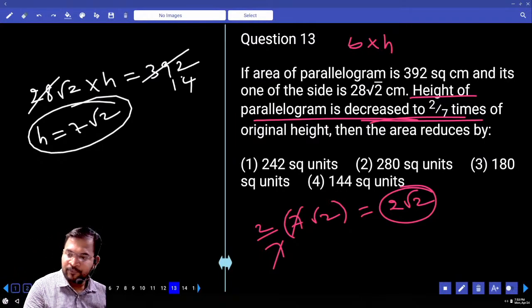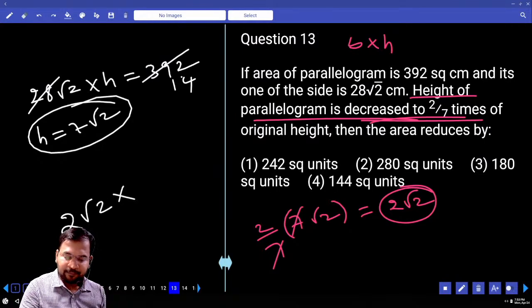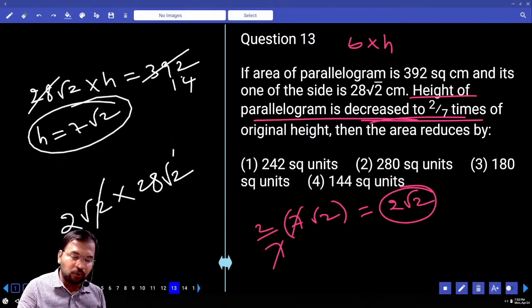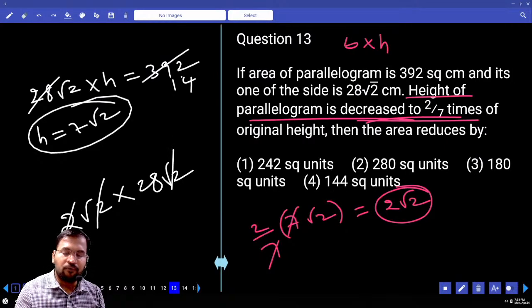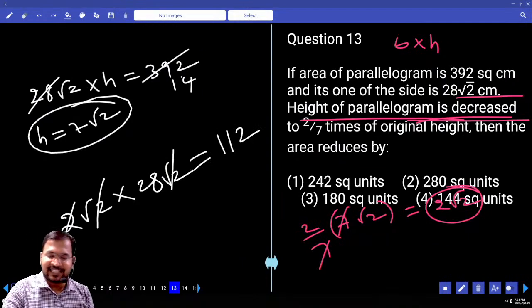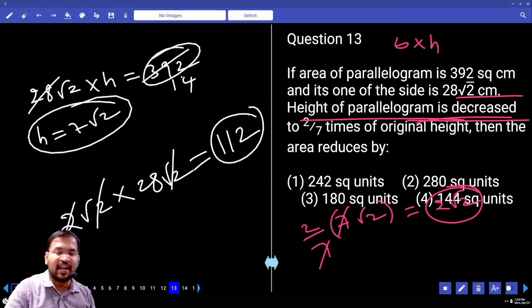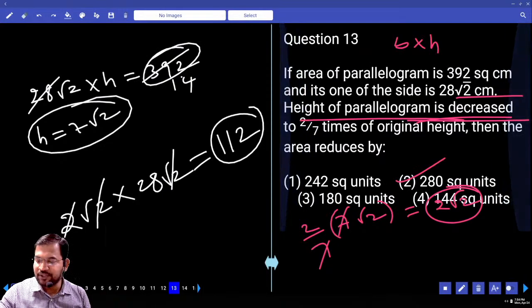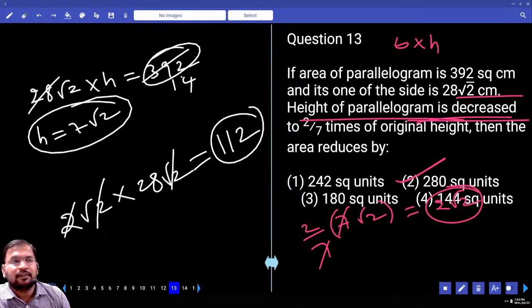So 2 root 2 into the base, the base is how much, Nana? 28 root 2. Root 2 into root 2, 2 into 2, 4 into 28 is 112. They're asking how much is reduced. The previous area, now how much is the new area reduced? 280. Are you clear?